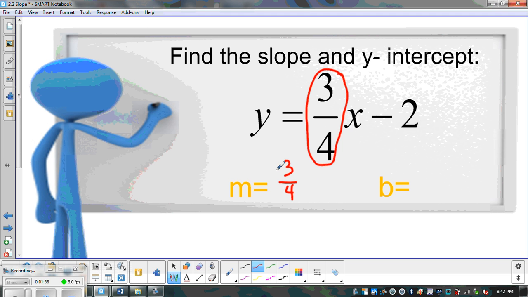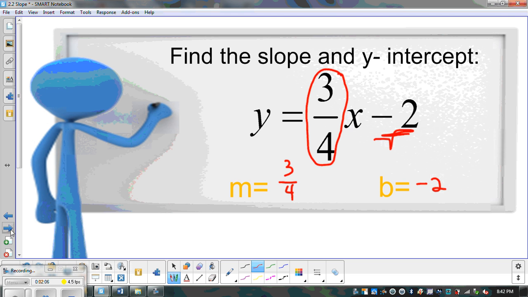The slope is simply the number attached to the x. Now the y-intercept is the number on the end. Please make sure that you take the sign in front of it. That is a negative 2. So this is a positive slope, which if you visualize is a rising line, and it goes through the y-axis. It has a y-intercept at -2.